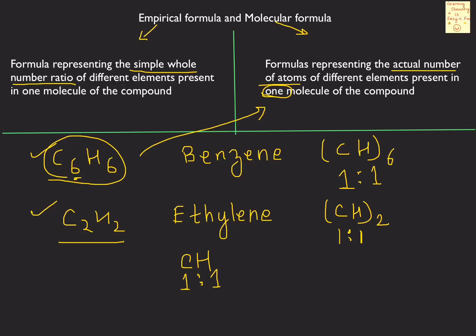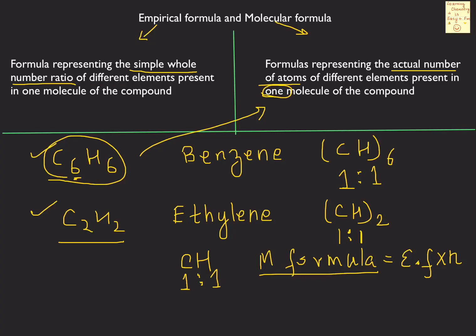So if you notice, our molecular formula is nothing but a whole number multiple of the empirical formula. So empirical formula multiplied by some whole number, that can be even 1, 2, 3, gives you the molecular formula.